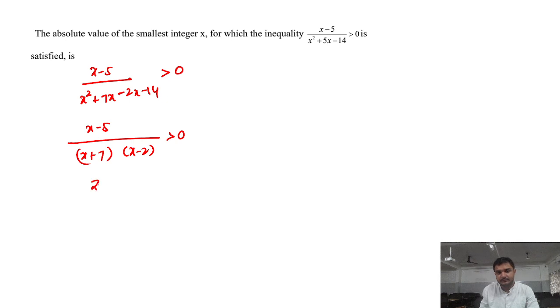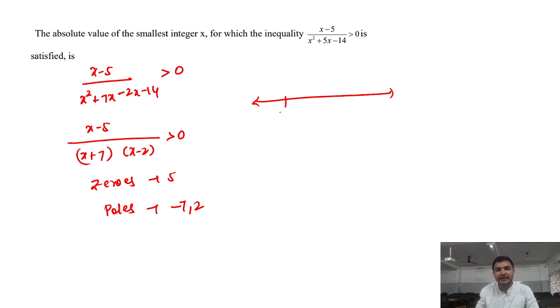Zero: 5. Poles: minus 7 and 2. On the number line, we will plot minus 7, then 2, then 5. From the extreme right, the signs are plus, minus, plus, minus.